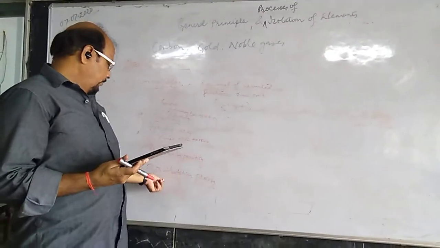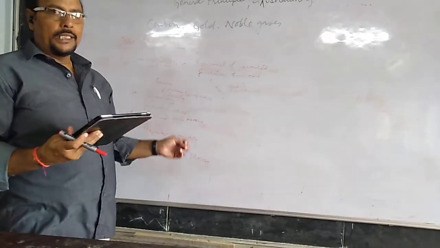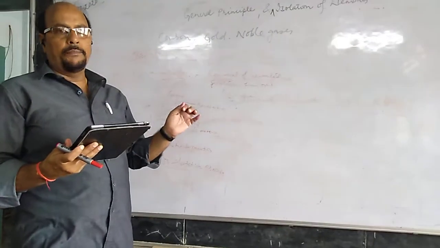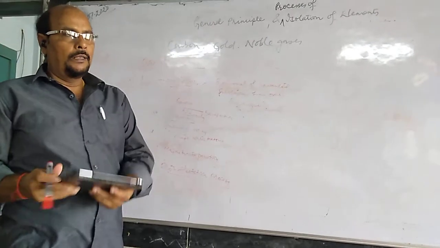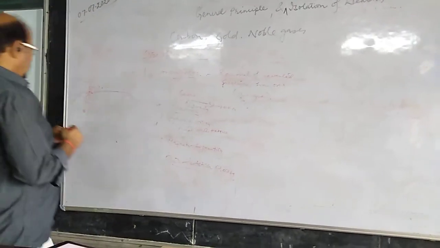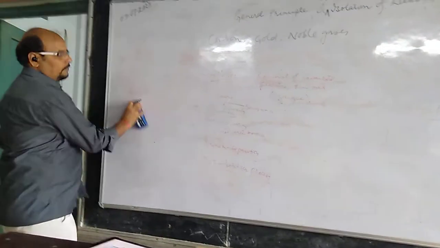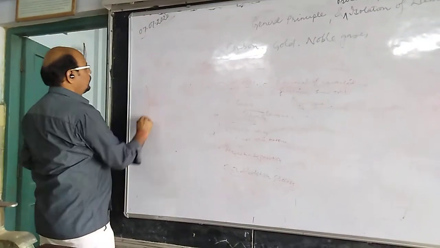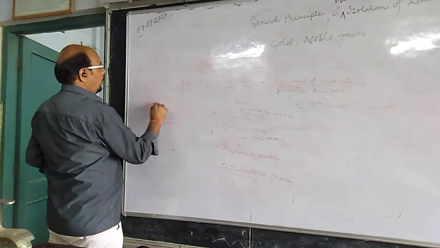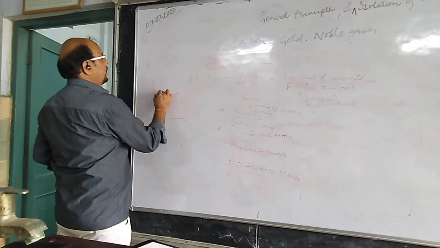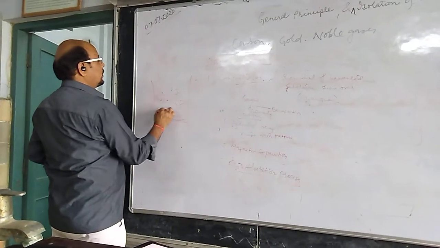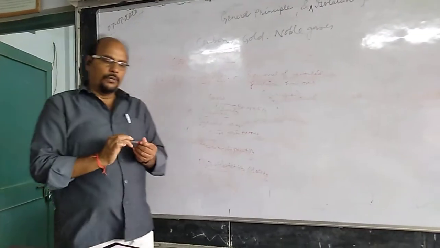In froth flotation process, a suspension of the powdered ore is made with water. So the first thing is that you take the ore and suspend it in water, suspended particles in water. It is given in your book as well.